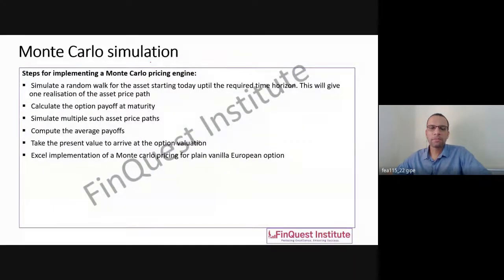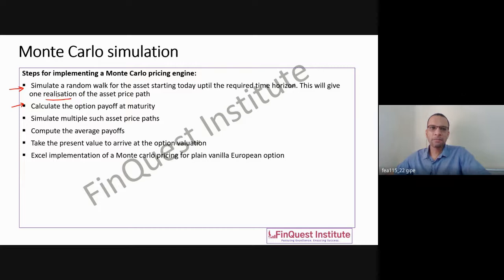I'll take a certain option which I'm trying to price, be it a call or a put option. Firstly, we'll generate an asset price random walk, or the first path, from today until my time horizon point, capital T. This will give us one realization of the asset price path. Once this one realization is done, I can calculate the option payoff at maturity for this path.